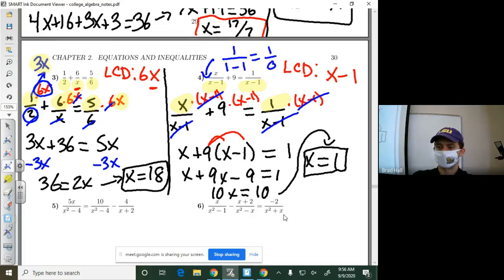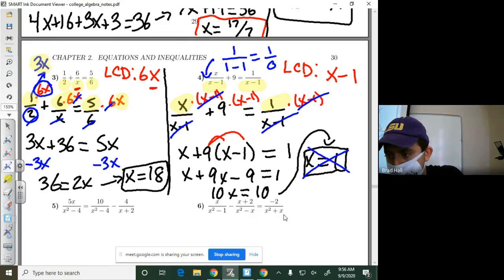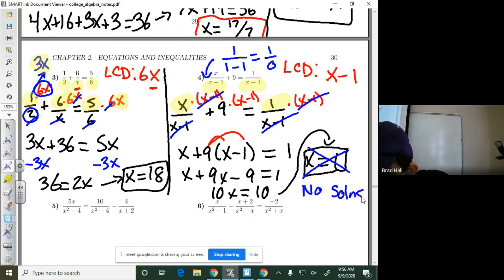Uh-oh, that's not good. We can't divide by 0. So this happens sometimes where we work out a problem, we get an answer, you're sure you did all the steps right, and MyMathLab is telling you, no, there's no solutions, I promise. And so that's when we have to reject this answer, say, no solutions.